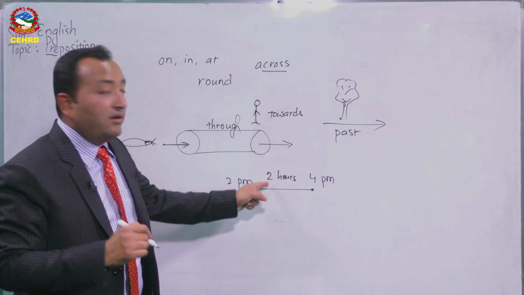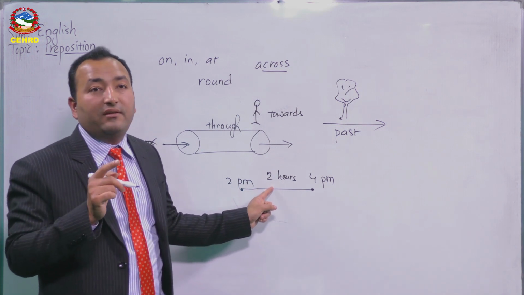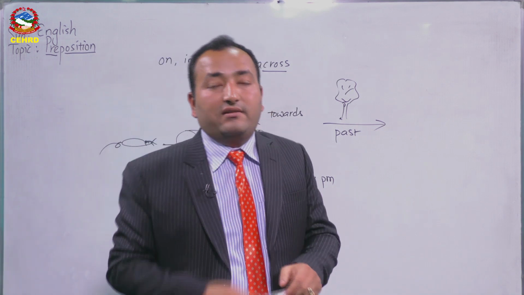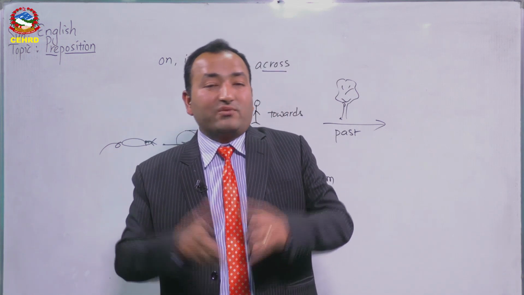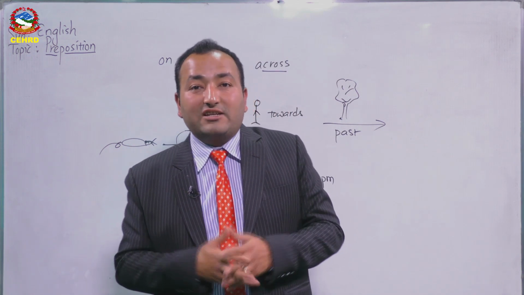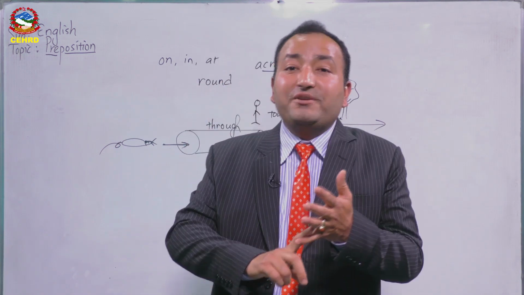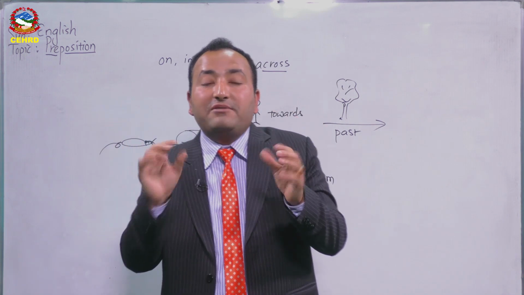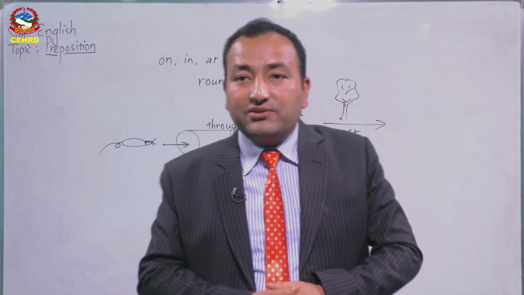When we call it 2 hours, it's period of time because it has length. Dasai is point or period? Dasai is point because we cannot call 15 days as Dasai because in Baishak, if you count 15 days, it cannot be Dasai. Dasai is not the period of time, it's exact point of time. So like that we can do.